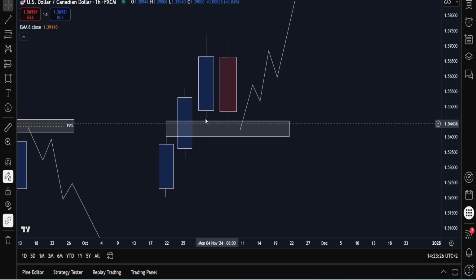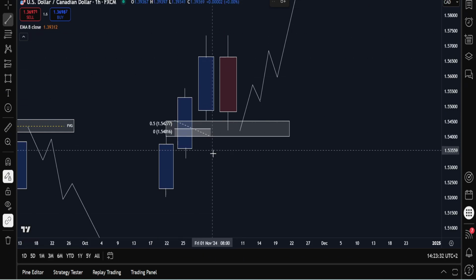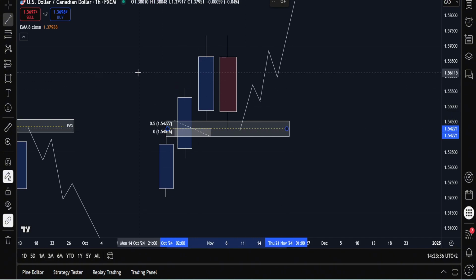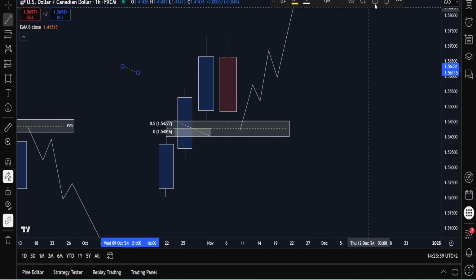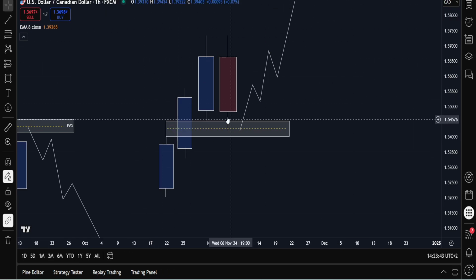Same thing here if we're bullish, 50% of the fair value gap, right there, that is consequent encroachment of a fair value gap, and we trade down into it, the 50% of that fair value gap, and we move.